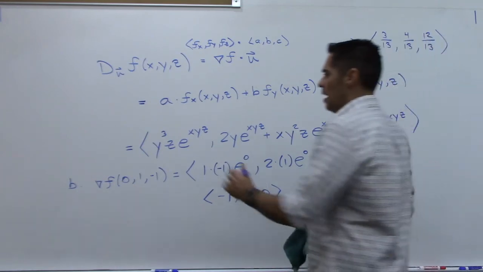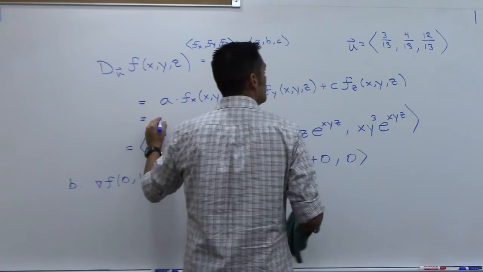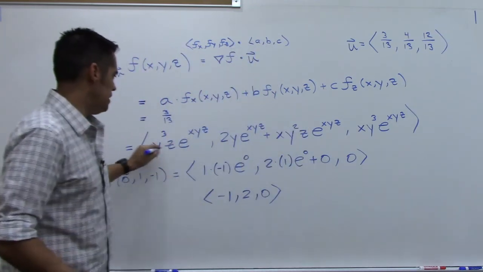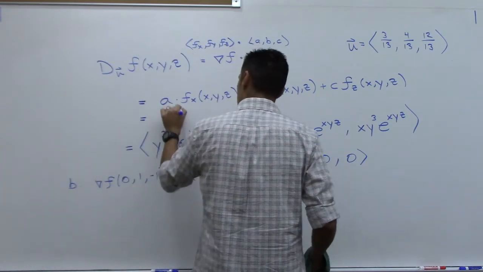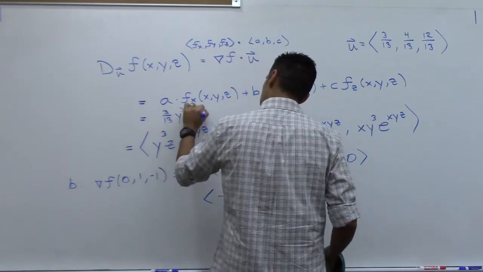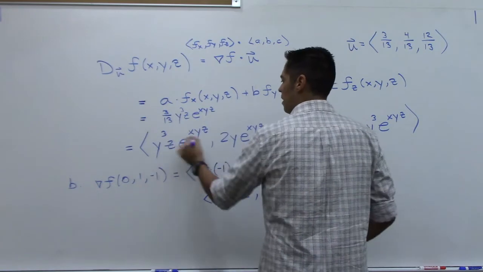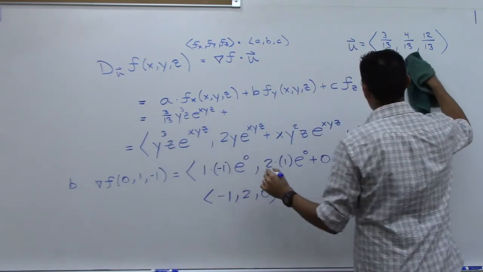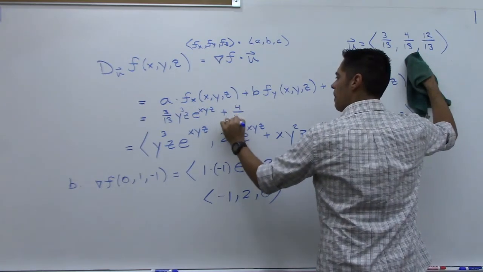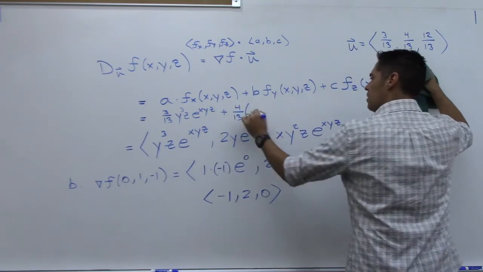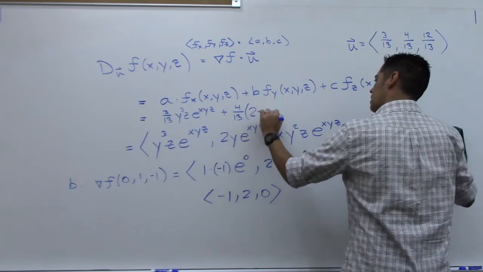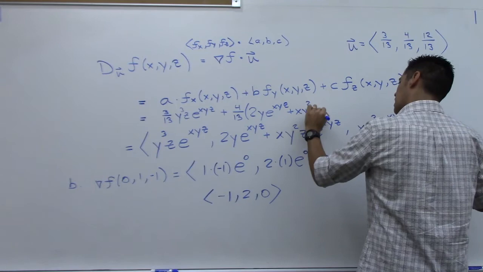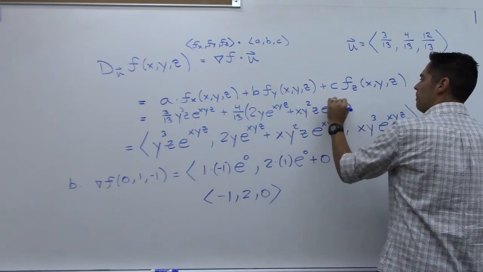So I'm going to take a, which is 3/13, times this piece, y cubed z e to the xyz, okay, that's this, plus b, which is 4/13, times this piece, 2y e to the xyz plus xy squared z e to the xyz.